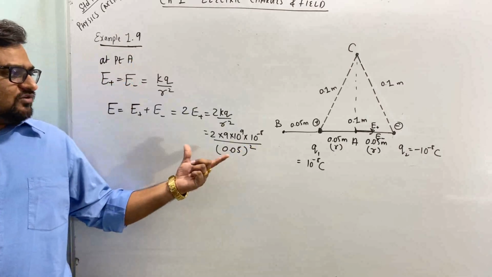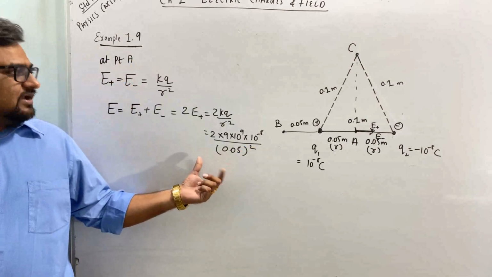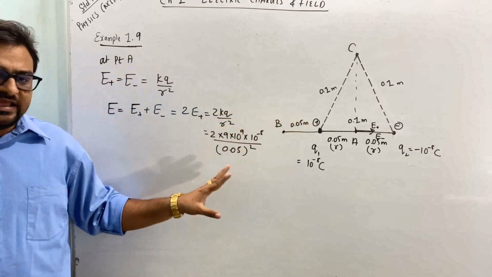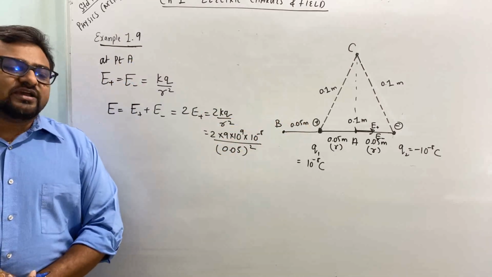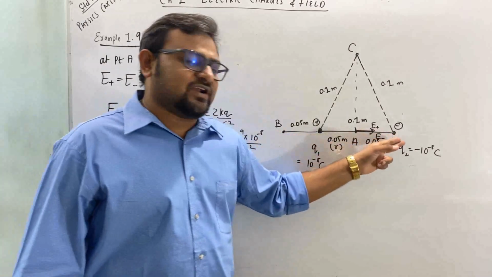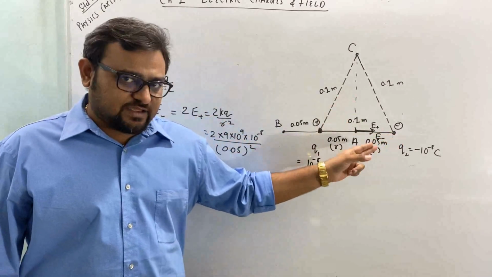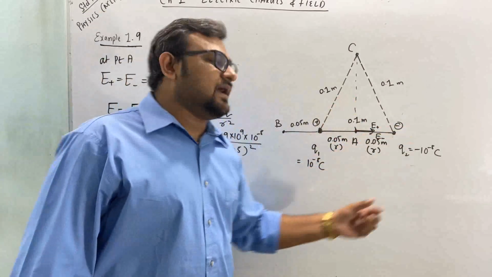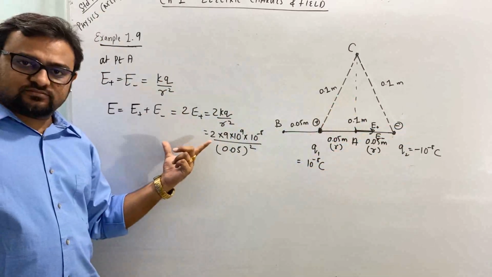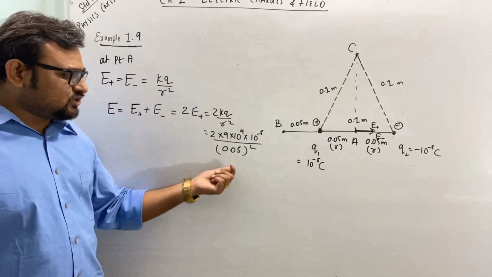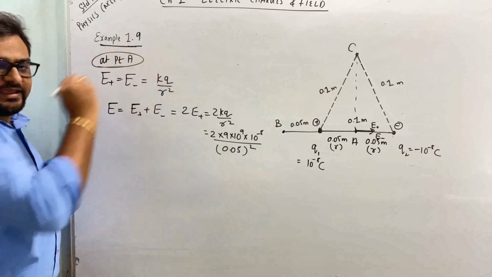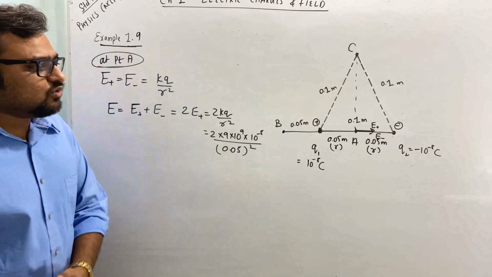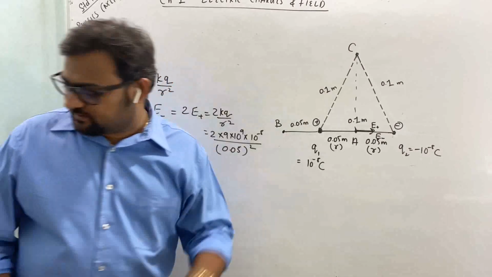So this will be the value of the electric field at point A. You just calculate it and find out the answer. Remember, both the electric field directions are the same, so what we have done is added them. Clear? So just put in this value and find the answer for point A. Now let's move on to point B.